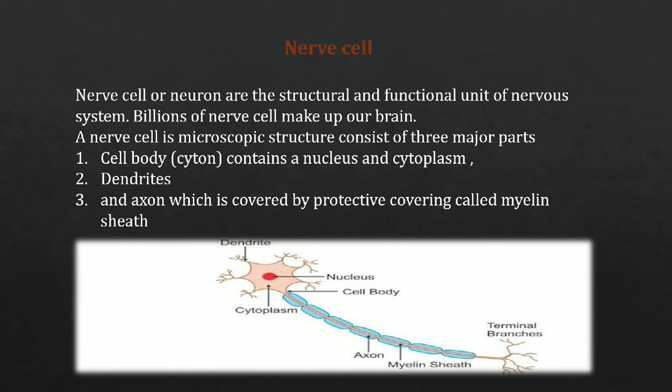Third is the axon, which is covered by a protective covering called myelin sheath. In this picture you can see the structure of the nerve cell. It has the dendrites which are tree-like structures, and then the cell body composed of cytoplasm and nucleus, which runs into the axon, and the axon is covered by myelin sheath and goes to the terminal branches called nerve endings.